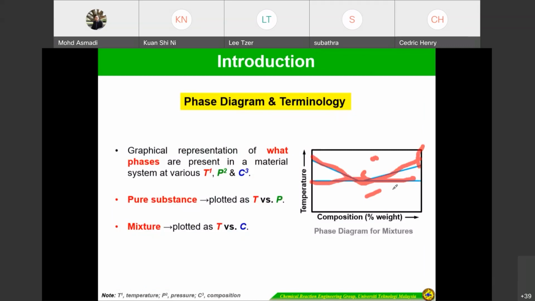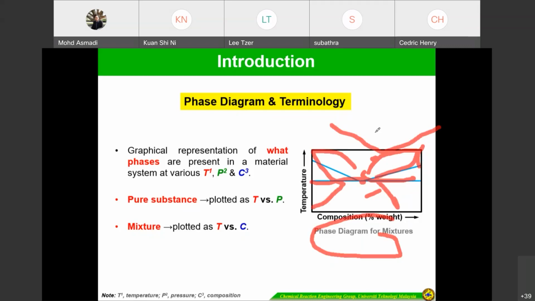I think this is more related to the eutectic phase diagram, because there is alpha and beta solid. Later you will see this one for the eutectic. It's more like this one.